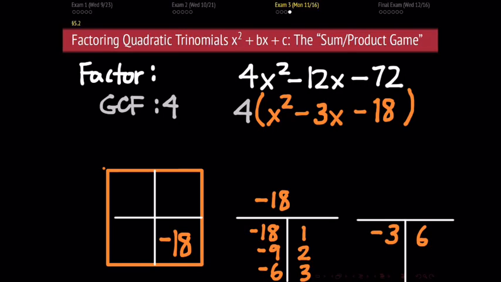So negative 3 and 6, negative 2 and 9, and then negative 1 and 18. So here are all the different possibilities for numbers that we could multiply together to give us negative 18. Those numbers are going to be what fill in the constant terms here and here in our ultimate unfoiling factors. Which pair do I want to choose?